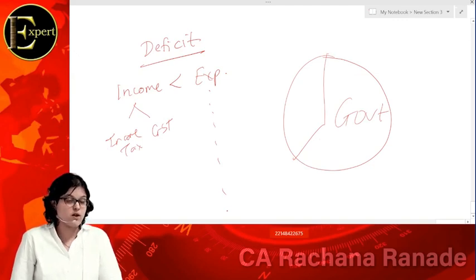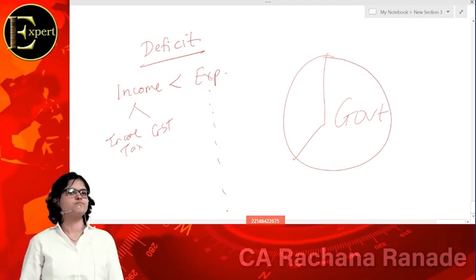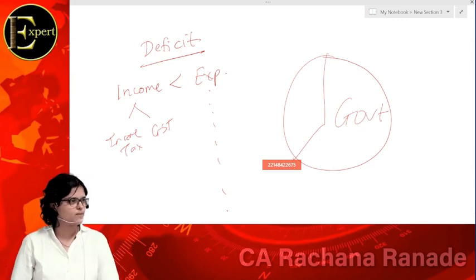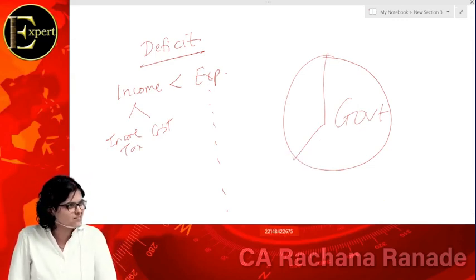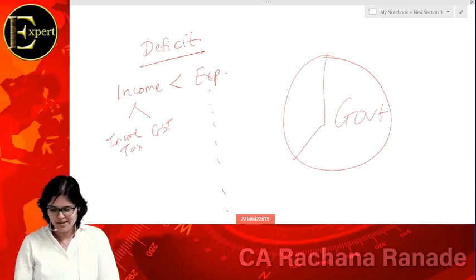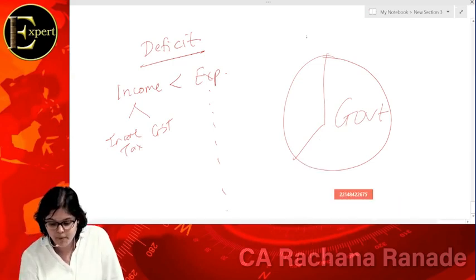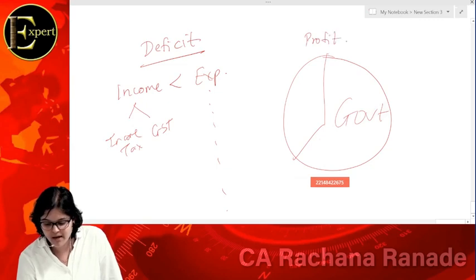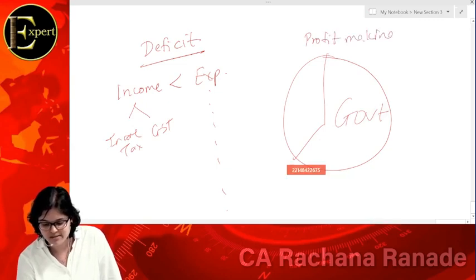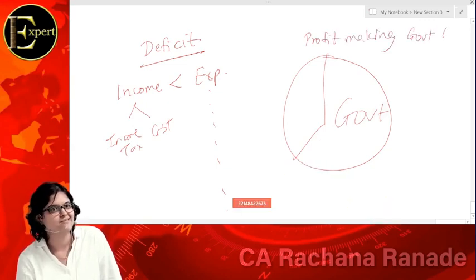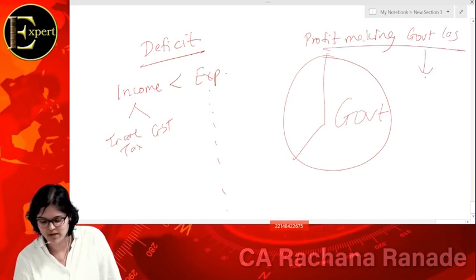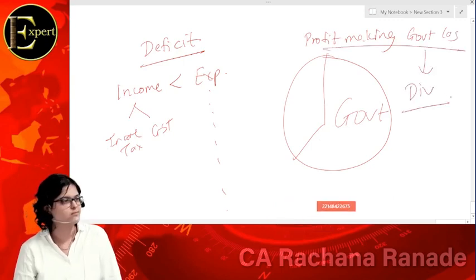If there is a deficit, government needs money. Where can the government get money from? Now I'll tell you a simple trick. Government will say, we need money. So they will just inform all these profit-making government companies, come on, declare dividend.